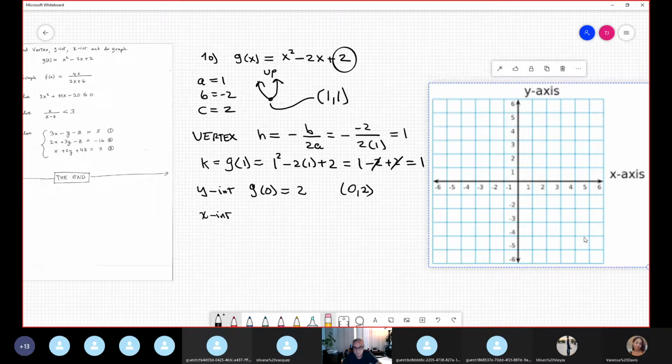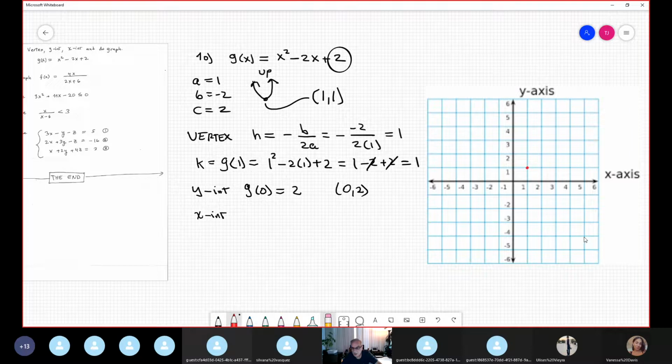Look at that. It opens up, so it never crosses the x-axis. We have no x-intercepts. And we discovered the famous point 0, 2, which is the y-intercept.